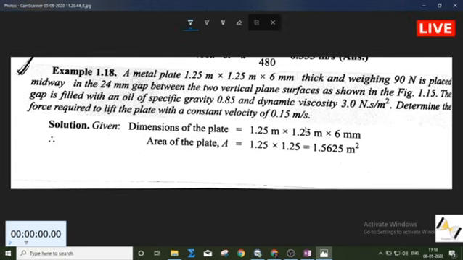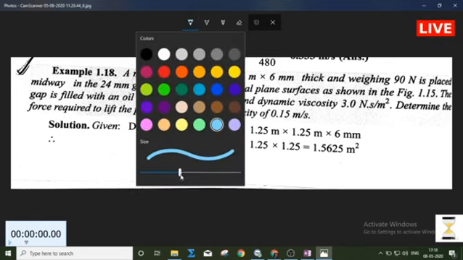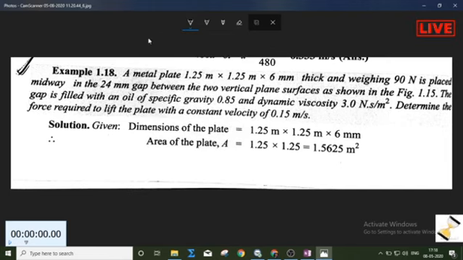So this is the problem. A metal gate is there, and that gate is 1.25 meter by 1.25 meter and 6 millimeter thick. It is a square plate, and the weight of that plate is given as 90 Newton.